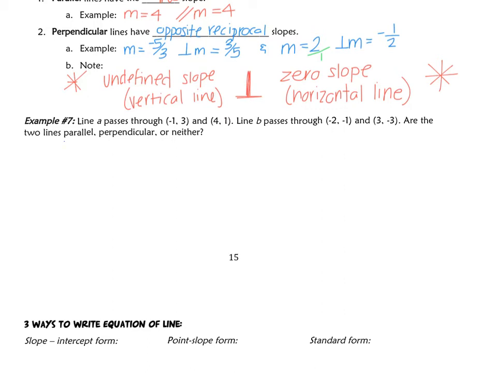Whenever I see this question, I know I need to find the slope. So let's go through right now, take a moment, find the slope of A and the slope of B, and tell me, are they the same, which makes them parallel? Are they opposite reciprocal, which makes them perpendicular? Or are they neither? There's no relationship. Take a moment, do that now.